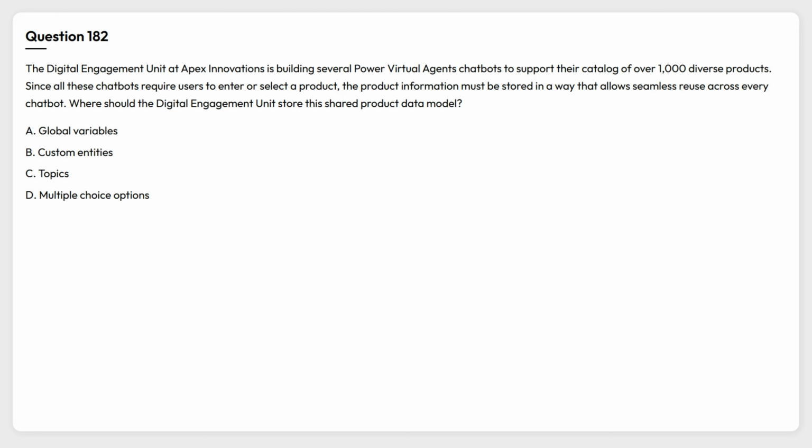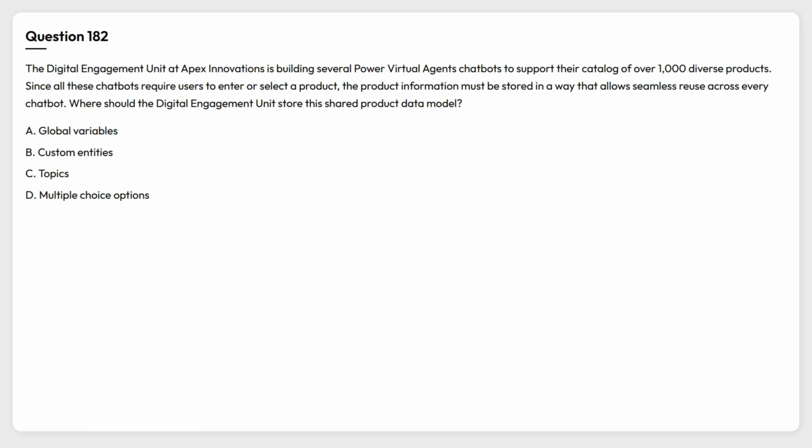Question number 182. The Digital Engagement Unit at Apex Innovation is building several Power Virtual Agents chatbots to support their catalog of over 1,000 diverse products. Since all these chatbots require users to enter or select a product, the product information must be stored in a way that allows seamless reuse across every chatbot.